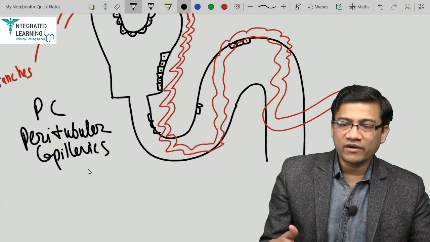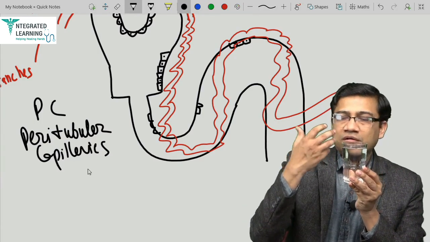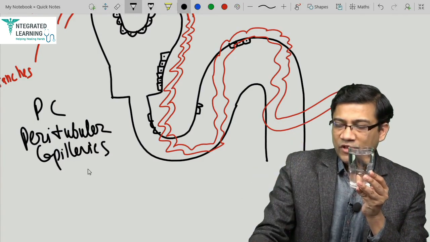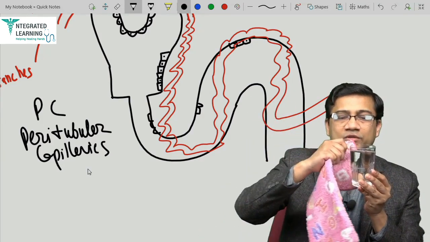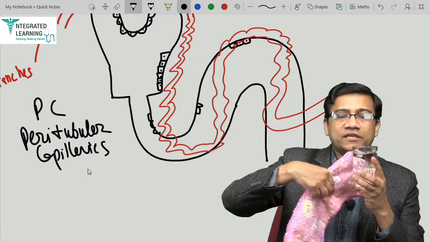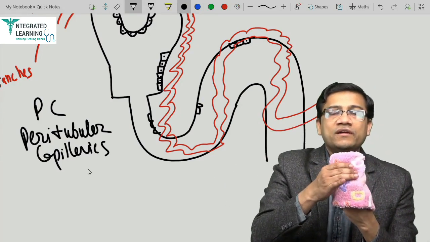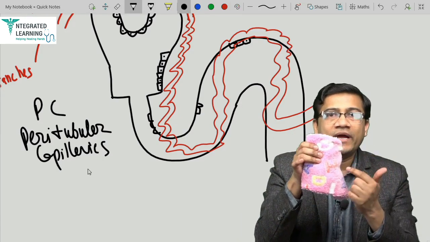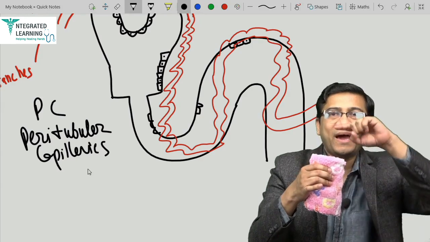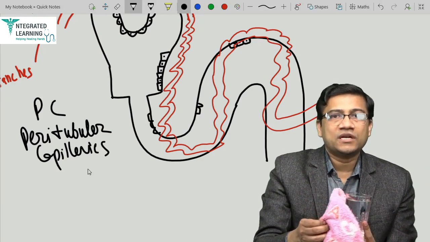I can give an example. Let's say this glass of water is like the tubules containing the urine, and this red color cloth is like the capillary. So it's surrounding it in all directions like this. When you put it, it will be a 3-dimensional wrapping. So all the surface is covered by this capillary network, called peri, meaning around the tubule. So peritubular capillaries. Is it clear?